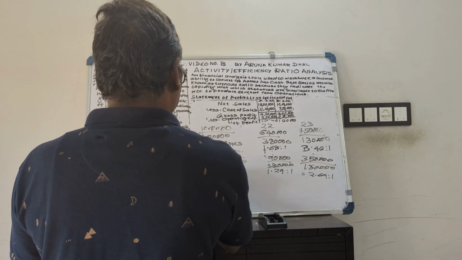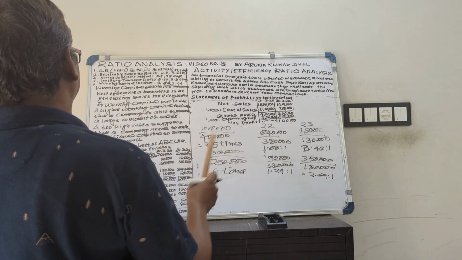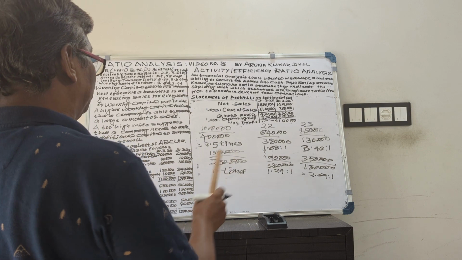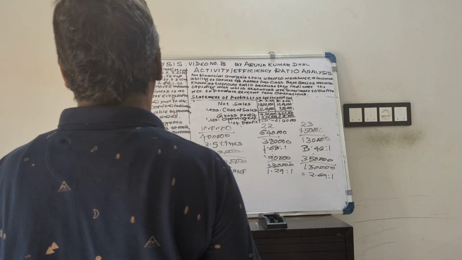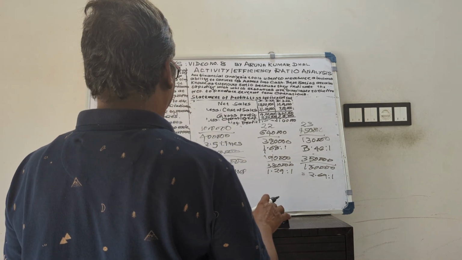So in 2022 the receivable turnover ratio was 2.5 times. In 2023 it is 6 times. So we will calculate average collection period.